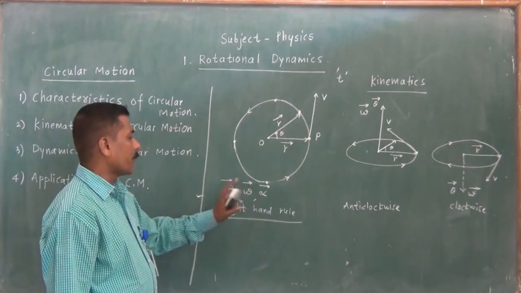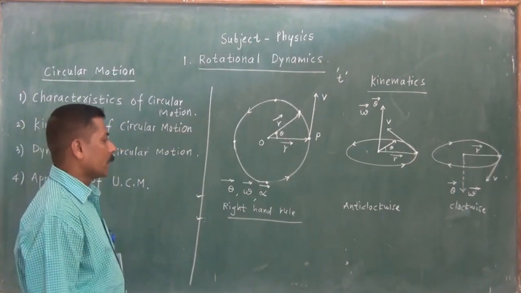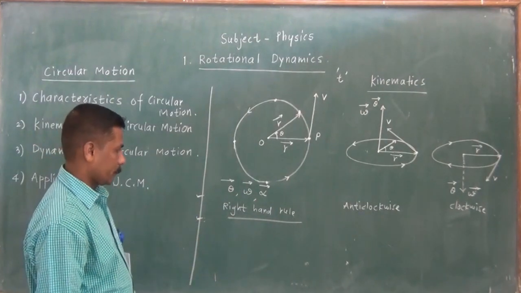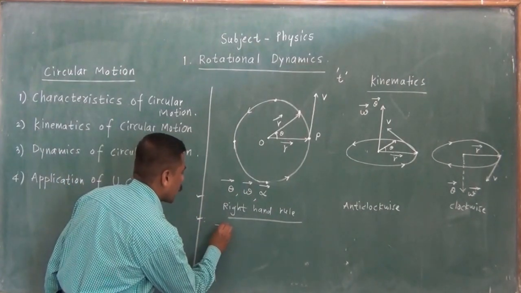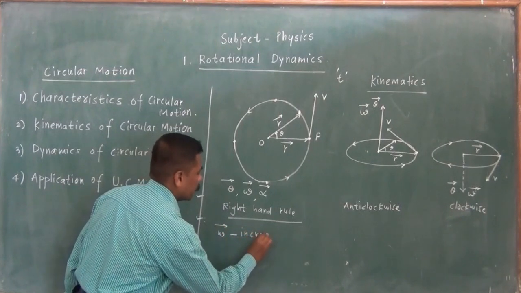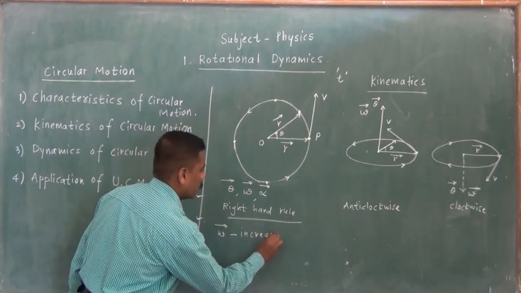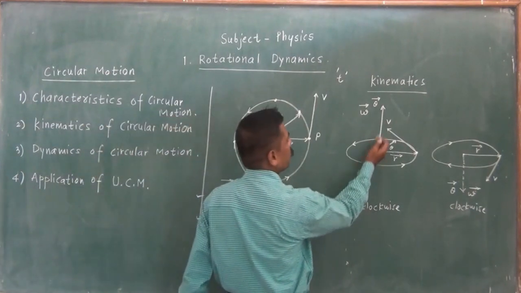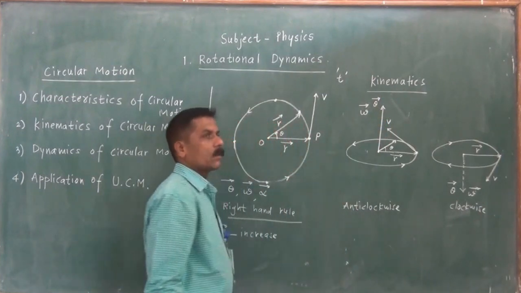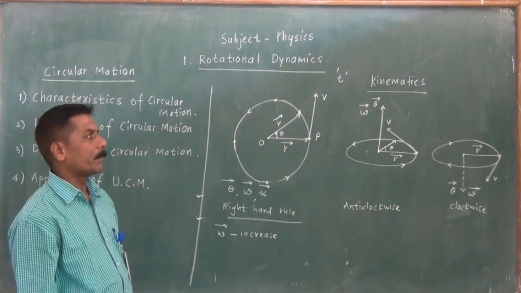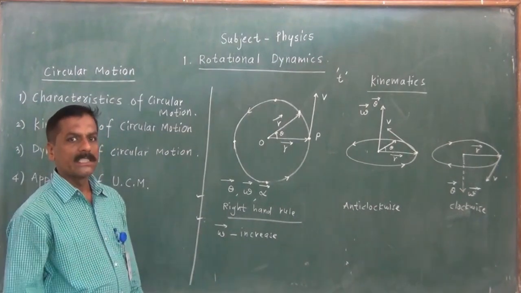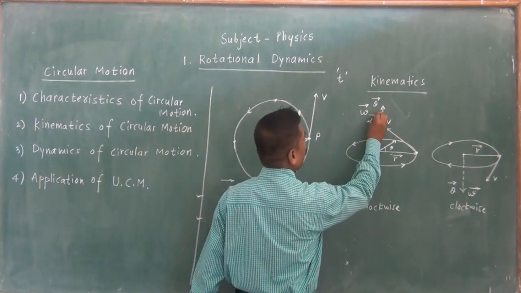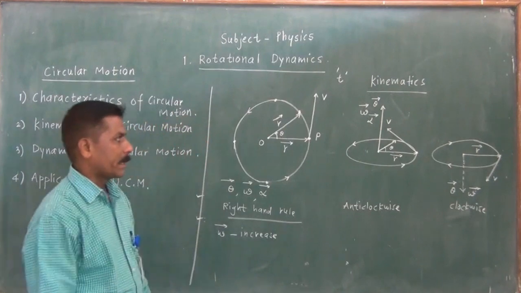Angular acceleration depends upon the angular velocity, but it gives the direction in such a way that if omega goes on increasing, then the direction of alpha is in the direction of omega. In the case of the fan, we have already explained this example. Switch on, and the angular velocity goes on increasing. In that case, the direction of the angular acceleration is along the same direction.